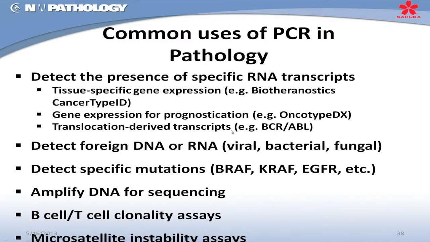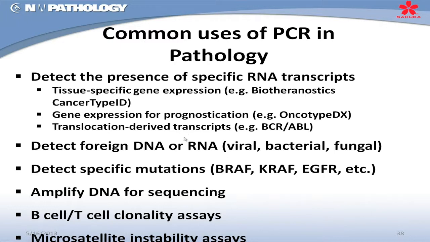And we can also use that for detecting abnormal mRNA transcripts. For example, the BCR-ABL, which is the product of that Philadelphia chromosome I described a while ago in CML, that's an abnormal transcript that wouldn't be present in any normal cell. So if a reverse transcription PCR reaction is used to detect the presence of that, that can be used to diagnose that translocation without actually looking at the chromosomes themselves.